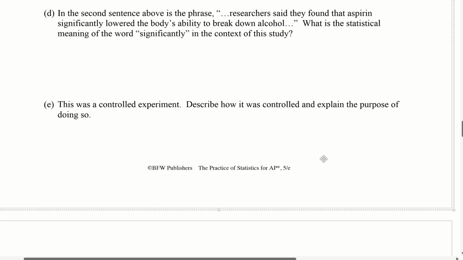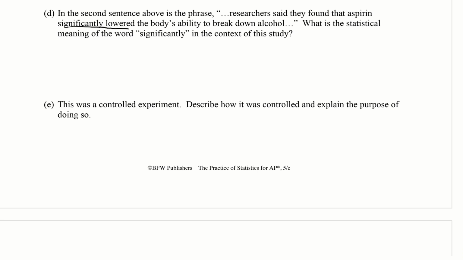All right, so part D. In the second sentence above is the phrase, researchers said they found that aspirin significantly lowered the body's ability to break down alcohol. What is the statistical meaning of the word significantly in the context of this study? Statistical significance means that the difference you see in the responses is large enough that it's unlikely to have arisen by chance.